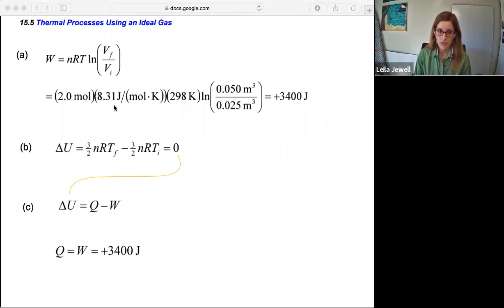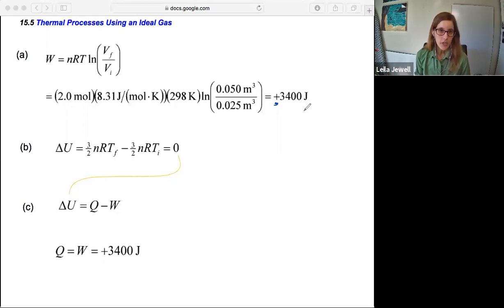So we have 2 moles times our gas constant, 8.31 joules per mole per Kelvin, times 298 Kelvin, times this natural log ln of the final volume divided by the initial volume. The final volume is greater than the initial, so this comes out to a positive number. And we get positive 3,400 with what units? Joules! All right, so that part's a slam dunk once you recognize that it's isothermal.